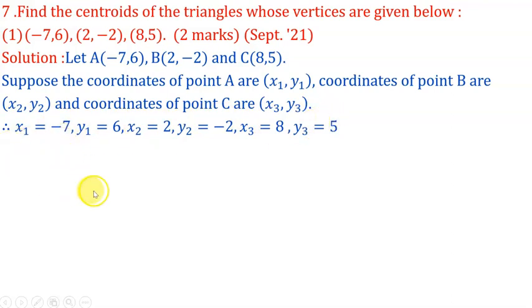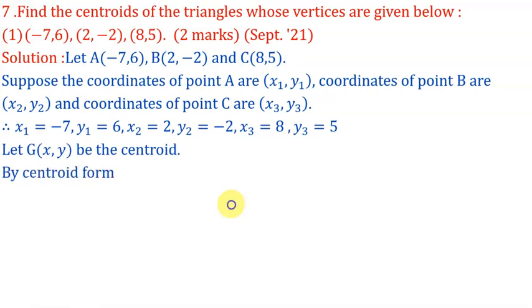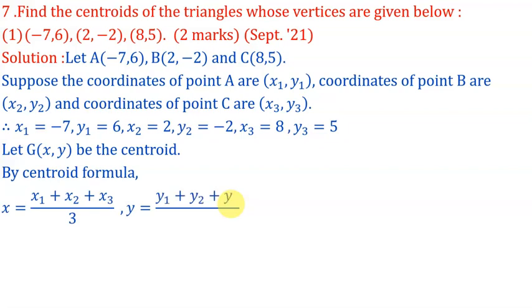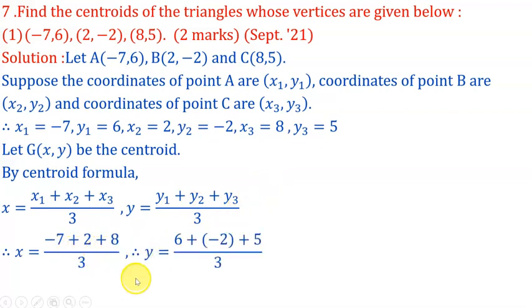x1 is -7, y1 is 6, x2 is 2, y2 is -2, x3 is 8, y3 is 5. Let G be the centroid. By centroid formula, x is equal to (x1 plus x2 plus x3) upon 3, y is equal to (y1 plus y2 plus y3) upon 3. x is equal to (-7 plus 2 plus 8) upon 3, y is equal to (6 plus (-2) plus 5) upon 3.